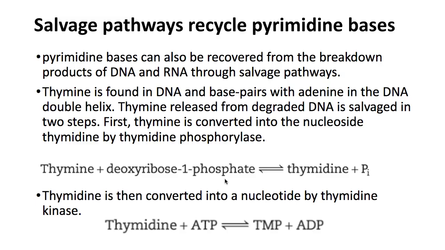And then finally, as far as the salvage pathway method to recreate nucleotides, that is recycling pyrimidine bases. So right here you have your thymine that was released from degraded DNA, and then from there you have your activated sugar once again, and then the base can reattach to the sugar to make your nucleotide.